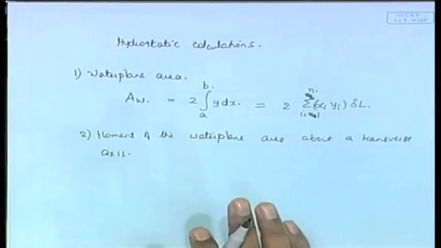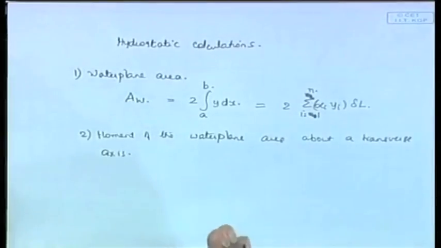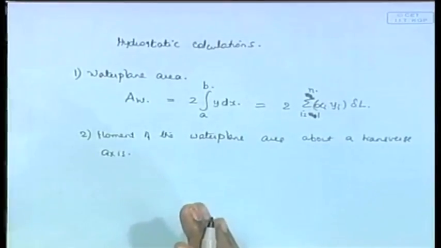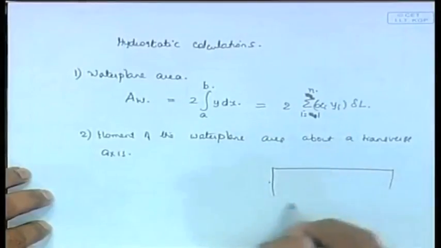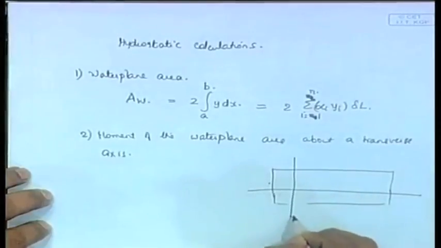In fact, this naming of transverse moment of inertia, transverse axis, longitudinal moment of inertia, longitudinal axis, is a little confusing, especially when you are doing it the first time. So, at the time of exam at least you should be clear which is which, at all times. If you have the ship like this, if this is the length of the ship, this axis is always the longitudinal axis and this is the transverse axis.